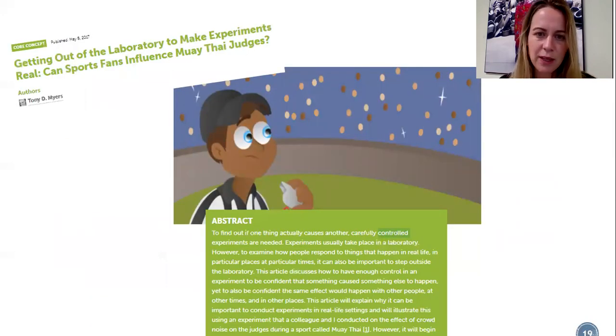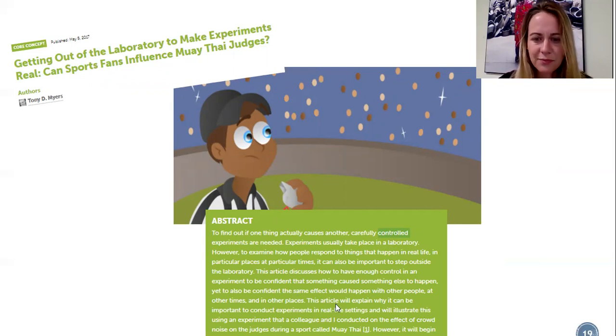Now I'm going to end this by showing you an example of a study that tried to do the best of both worlds, and they were able to have their cake and eat it too. They wanted to try to design an experimental study that had high internal validity but also had high external validity. In this study, they wanted to know whether sports fans can influence the scores that Muay Thai judges give regarding the Muay Thai fighter's performance.